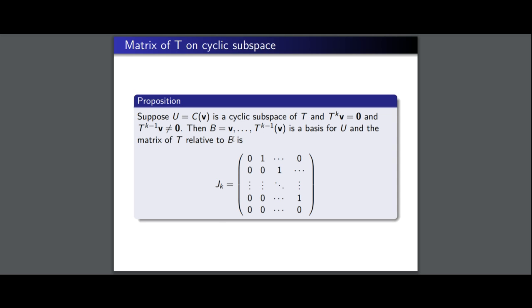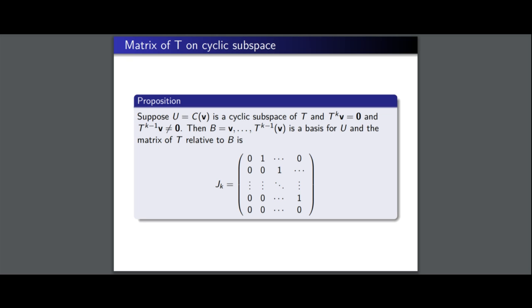So this basis should be in the reverse order in order to get this matrix J K. If you write the basis like this, the ones are really below the diagonal, so that's a typo. Sorry about that.